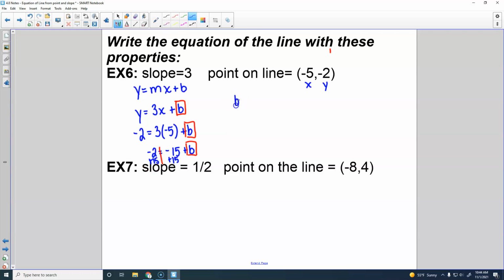And what are we going to get for that b? Not quite. 15's positive. So it's going to be positive 13 because the 15's bigger. Yeah. So, Julian, what is the equation of our line then? Perfect.